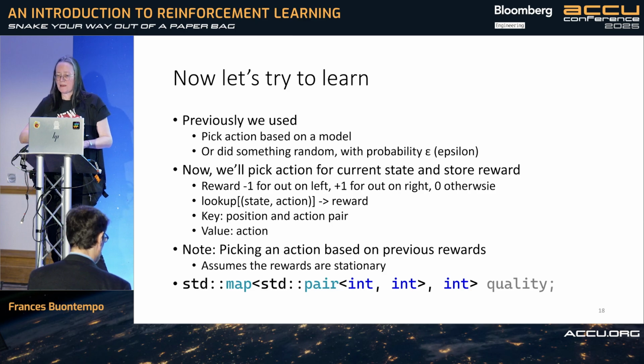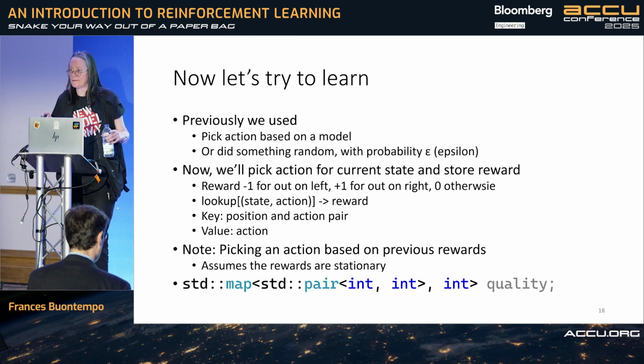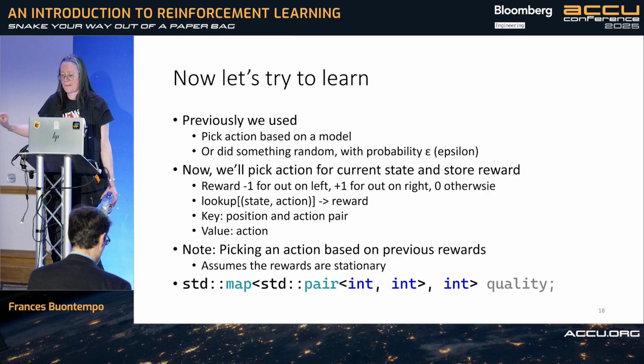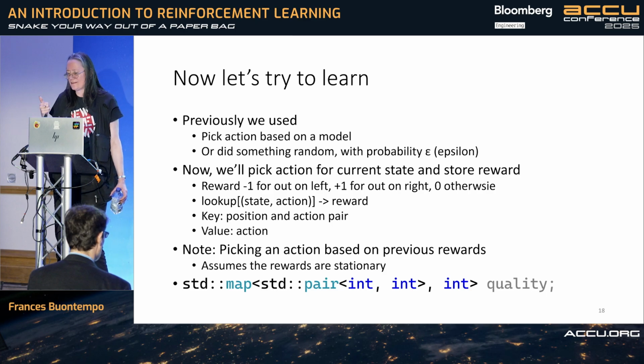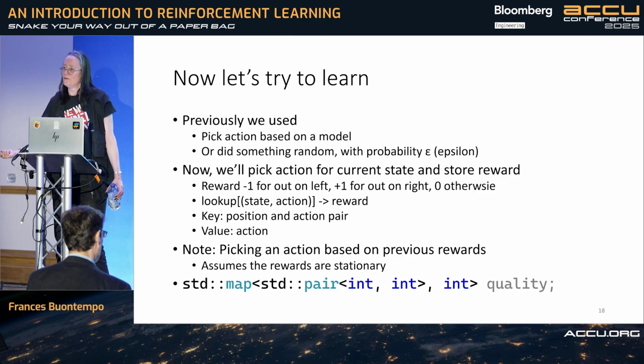So this time, instead of picking the best action, my little agent's going to have a lookup table, just build up an idea of when I was in this state, and at the moment, the only state I can possibly have for my agent is where it is in that one-dimensional array. So it can be an index. If I take this action of a +1 for right or a -1 for left, the lookup value is what reward do I get?